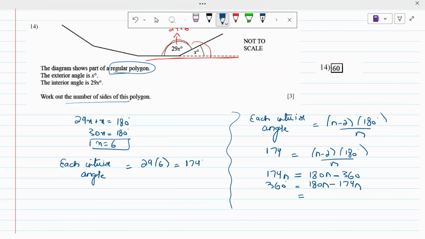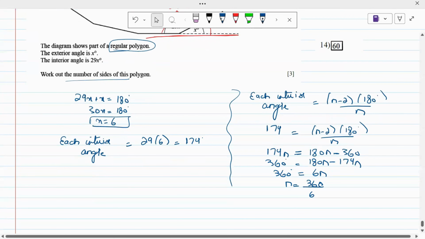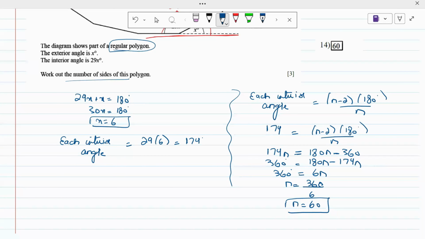So that gives us 6n is equal to 360, and n is equal to 360 upon 6, which gives n as 60. So it's a 60-sided regular polygon.